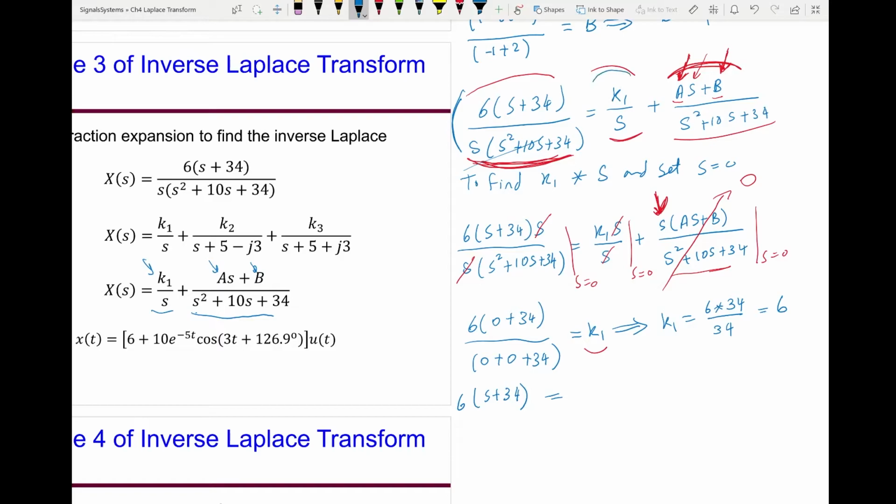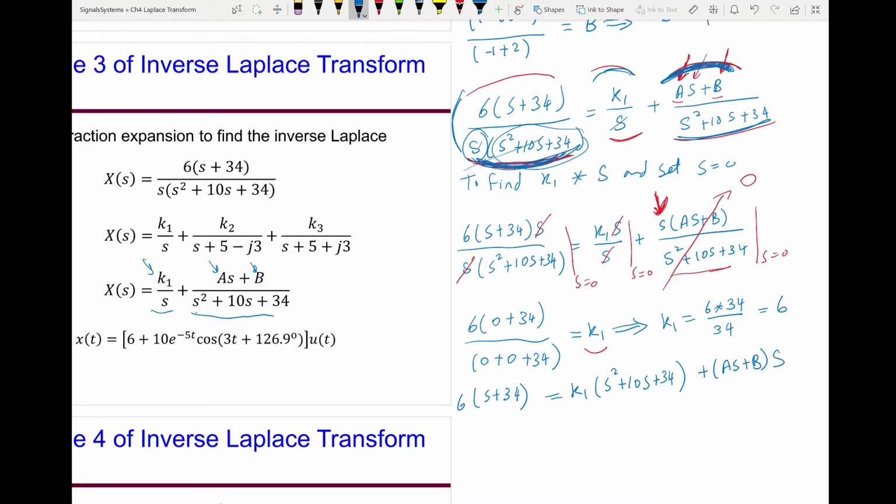Here, if I multiply it by this, the s will cancel this, and I will end up with K1 times s squared plus 10s plus 34. Now when I multiply this one by this quantity here, this will cancel this, and I will end up with plus As plus B times this left s.